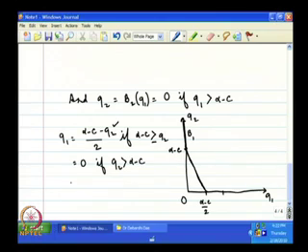What about the representation of firm 2, q2, which is a function of q1? So, let us first write it down.